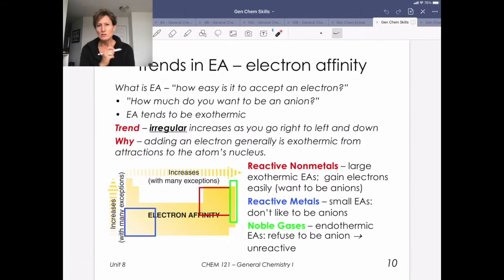Electron affinity. If ionization energy asks the question, how much do you want to be a cation? Electron affinity asks, how easy is it to accept an electron? So how much do you want to be an anion? What's interesting is these tend to be exothermic, because you've got that positively charged nucleus, so throwing another electron in there isn't necessarily all that problematic because there's an inherent attraction there.